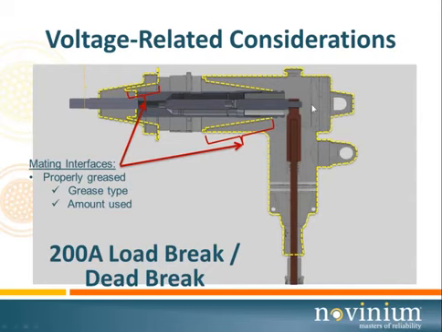Can we over-grease it? Yes. This interface, if you put too much grease on here, well, there's only a very small reservoir down here at the bottom. If you put too much on, you're not going to be able to get this insert on proper. It takes a lot of extra grease, but if you put too much on here, you're going to get it down in this area. You're not going to get the elbow seated properly.